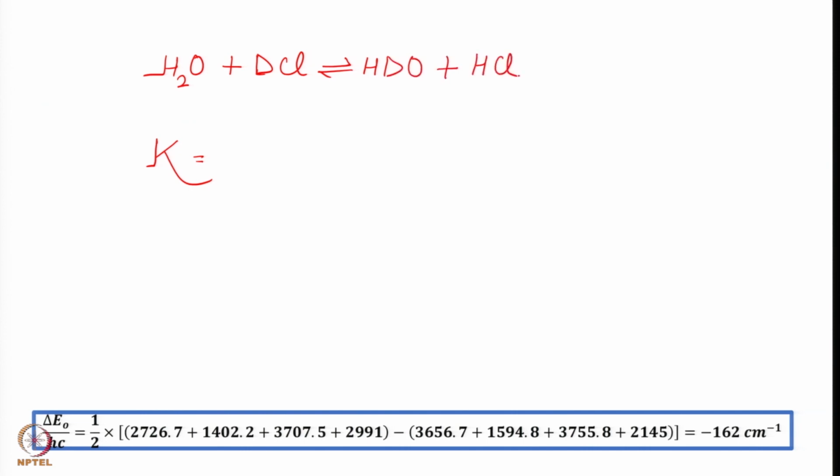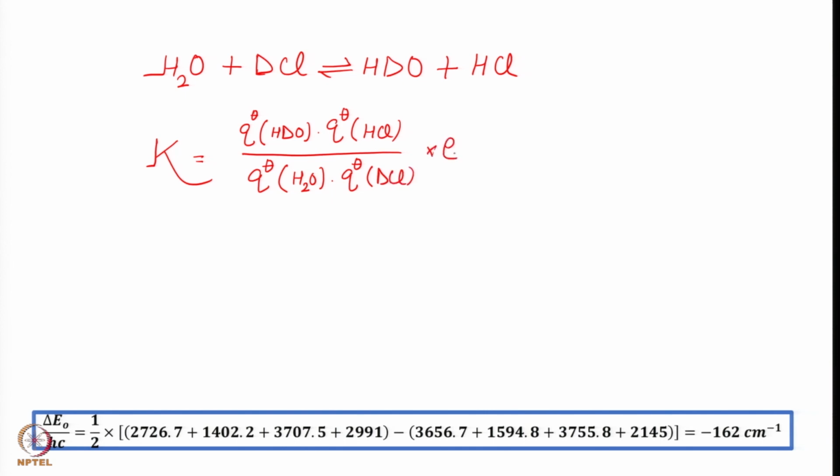This is the reaction. And K, what we wrote was Q naught of HDO into Q naught for HCl over Q naught for H2O into Q naught for DCl into exponential minus delta E naught by RT.